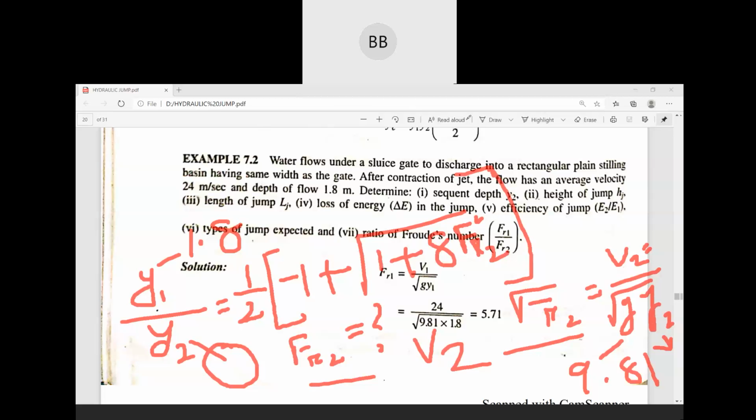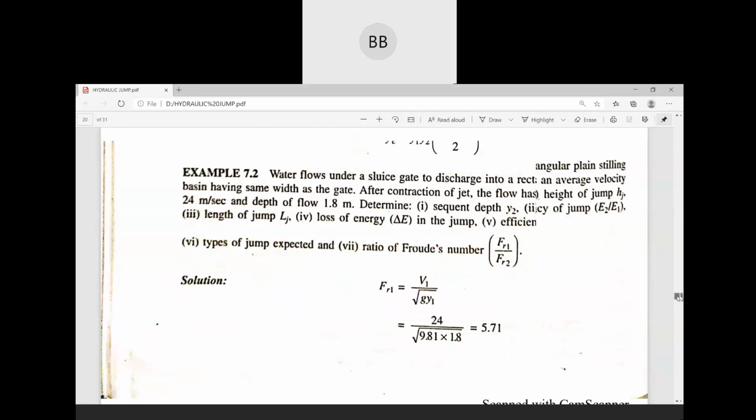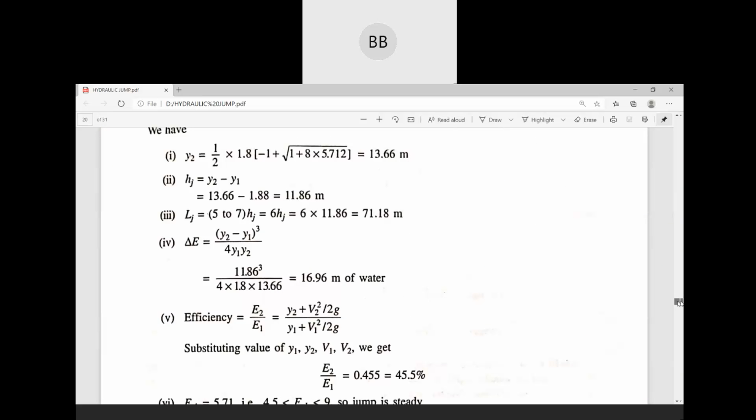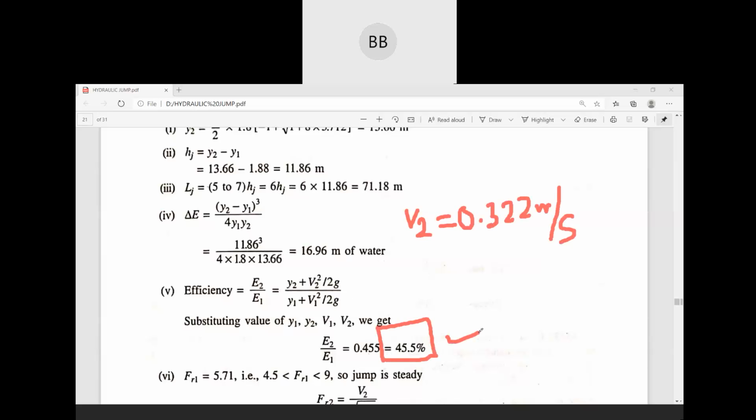So how much are you getting for the v2 value? How much did you get for v2? 0.322 meter per second. And efficiency you are getting the same, 40.5%.